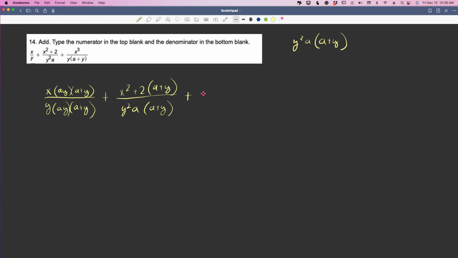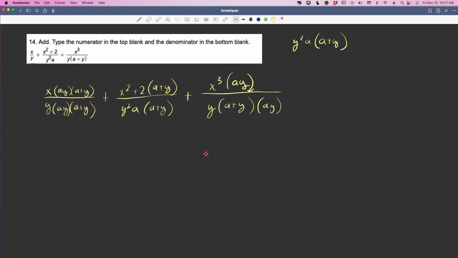Now the last one is x cubed, and it already has y, a plus y in the bottom. So it needs an a and a y, so times ay in the top and the bottom. And this looks more like a 9. Let me change that. So that now they all have the same denominator.